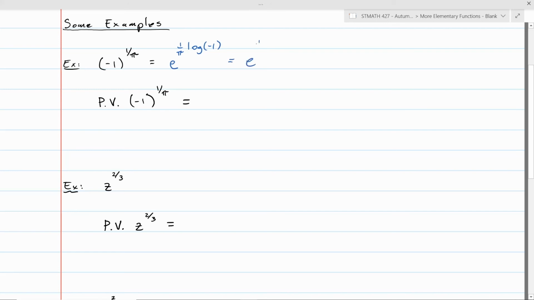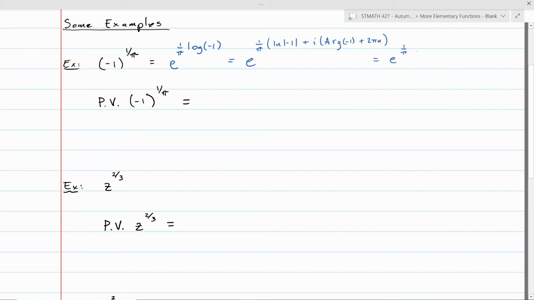This would be e to the 1 over pi, and then log of -1, well, you do natural log of the modulus of that number plus i times the arg of that number, so arg of -1 plus 2 pi n.